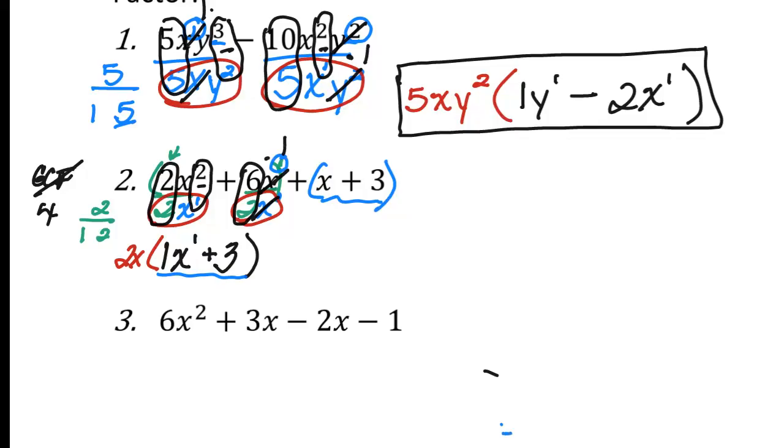Well, the only way that's going to happen is if I put a plus, and then the only thing they can have in common is to divide by 1. So that 1 is going to become the greatest common factor of this last grouping, because no other number, no variable, nothing else will work, right?